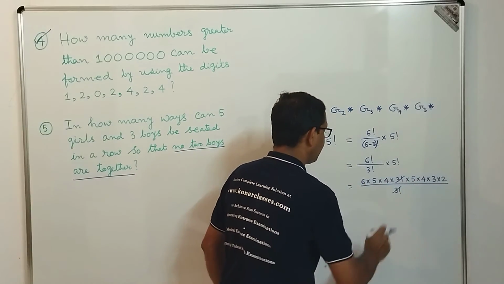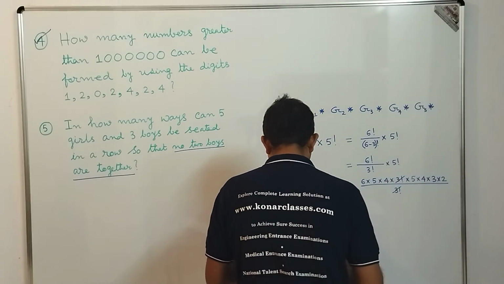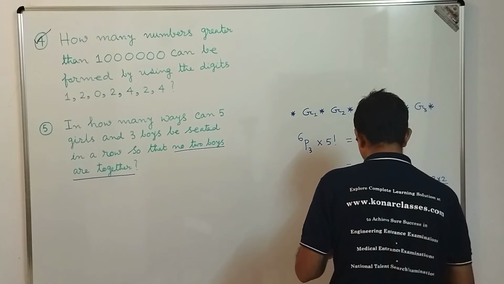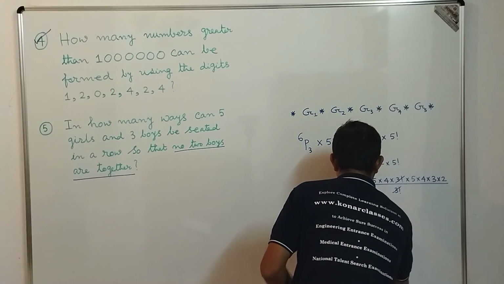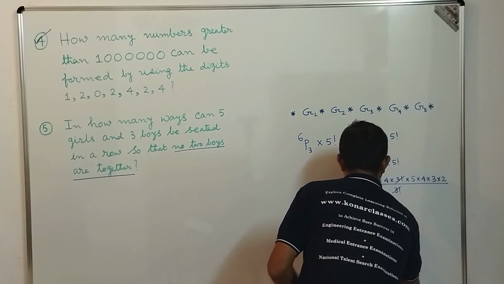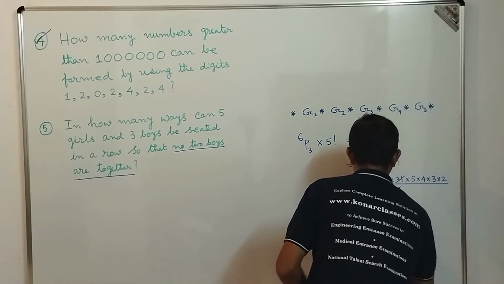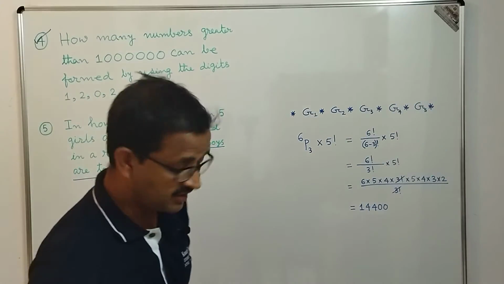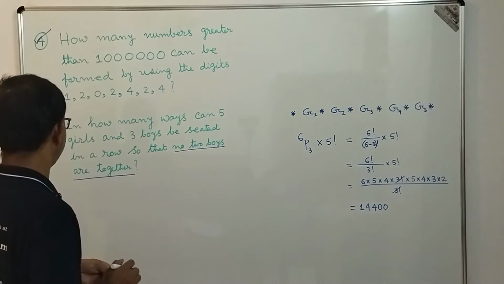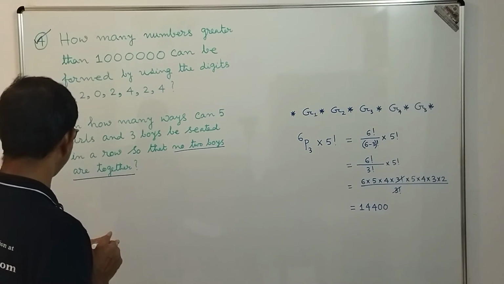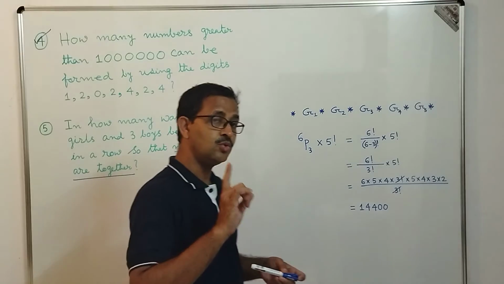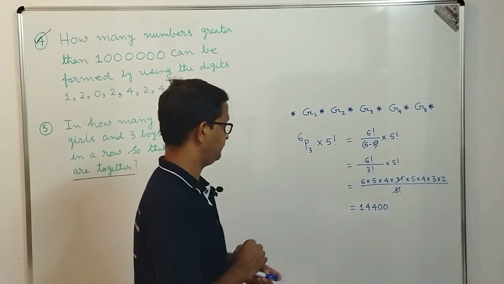Now if we multiply all these numbers, we get 14,400. So these are the number of ways 5 girls and 3 boys can be seated in a row so that no 2 boys are together.